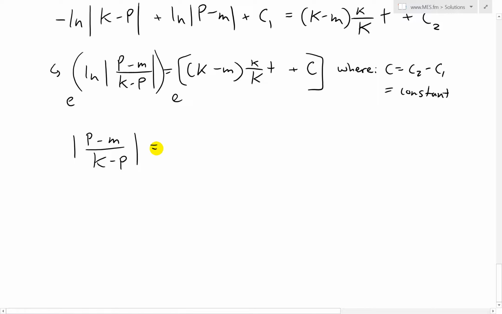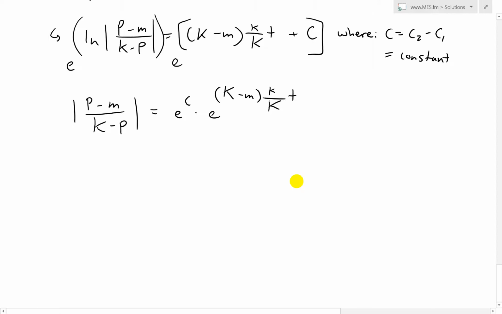This equals this. Whenever you're taking the power of something like this, when there's an addition, it's the same thing as multiplication. So we multiply e to the c by e to the k minus m, like that. This is lowercase k, but I'm just showing the difference: lowercase k over capital K, and then t, like that.